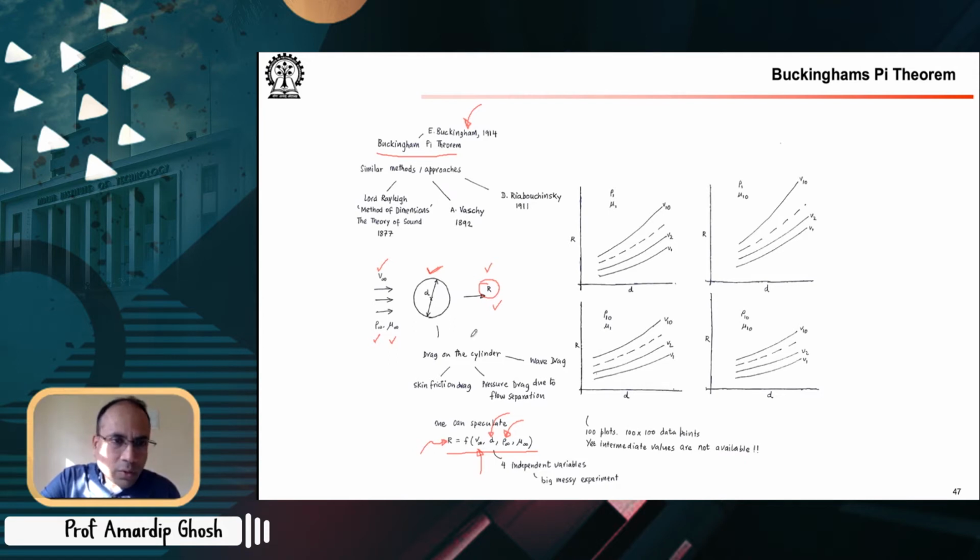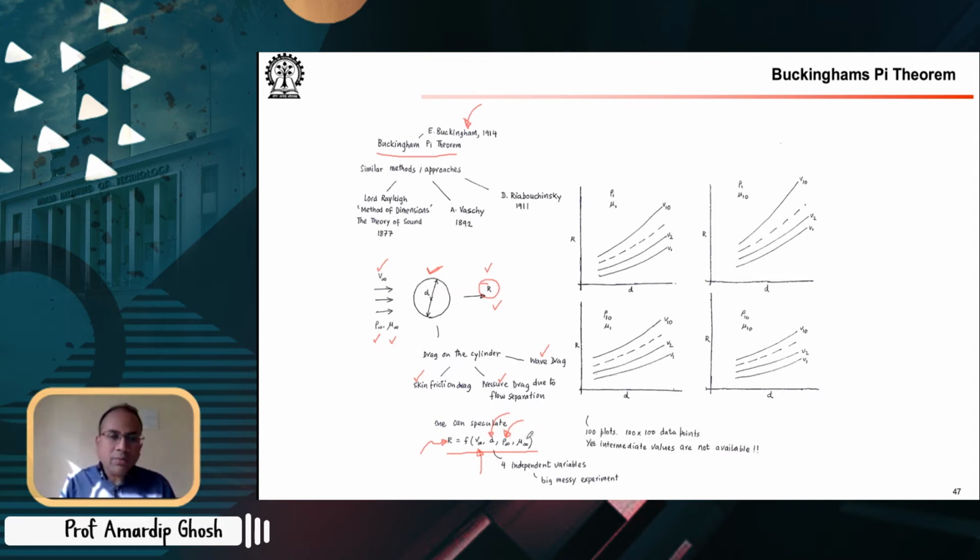Of course, I should draw your attention, because now that you have gone through the physics of drag in quite some detail, drag on the cylinder is composed of skin friction drag, pressure drag due to flow separation, wave drag, etc. However, in this particular problem, we are staying in a region where we don't have to worry about wave drag. So we are limited to profile drag composed of skin friction drag and pressure drag due to flow separation. And there we are saying that the drag force R is a function of these variables v infinity, d, rho infinity, mu infinity.